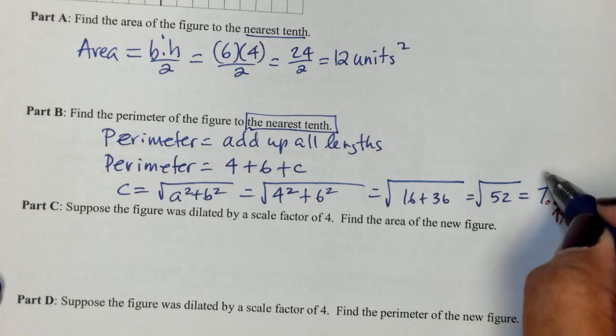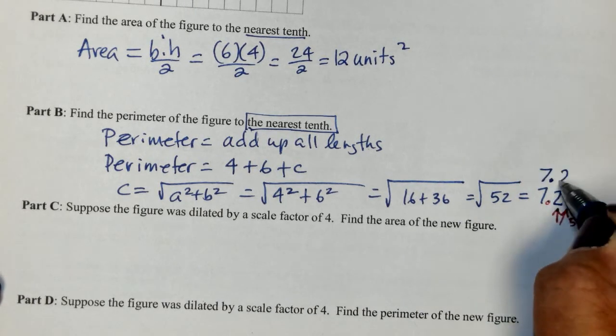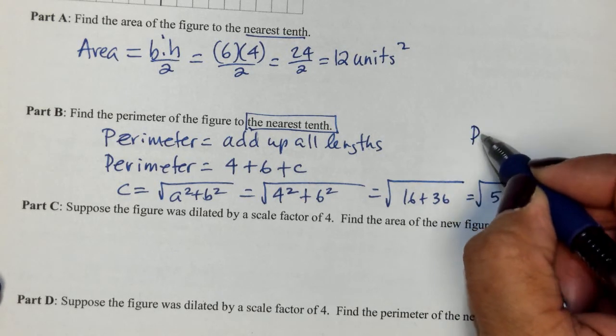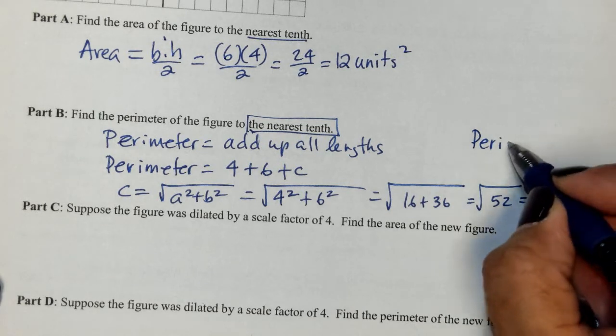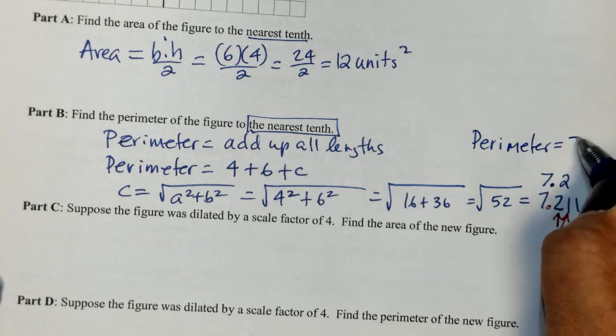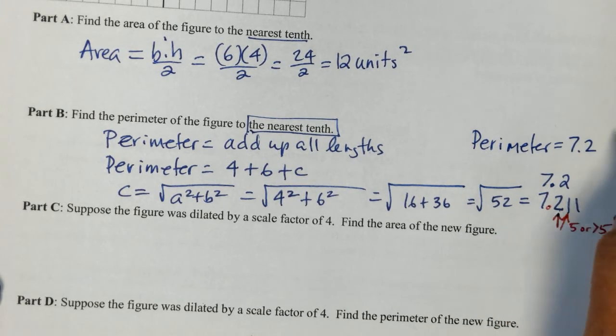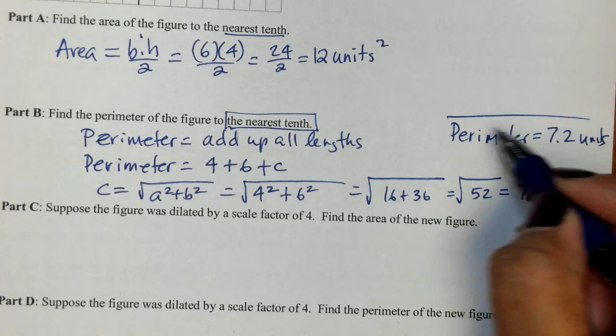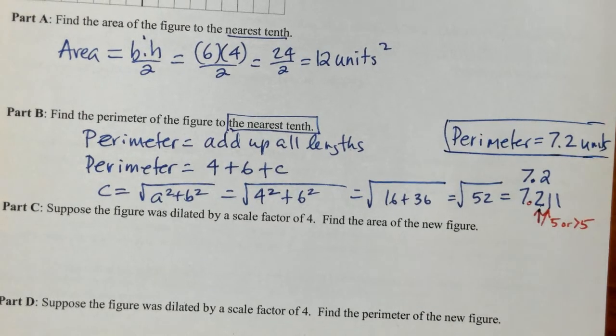So we have 7.2. Because that's a 1, the 2 is not going to change. So my perimeter is 7.2, and it's units. Okay, we're not using feet or miles or anything.